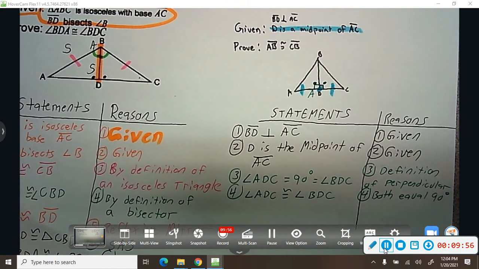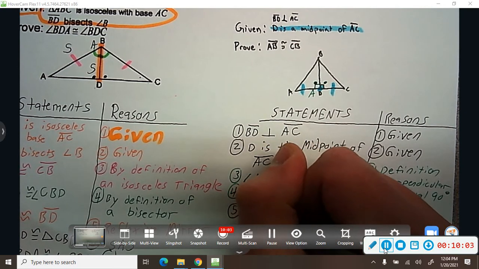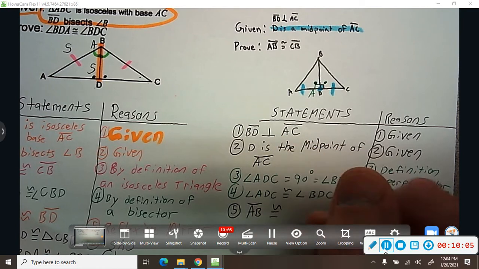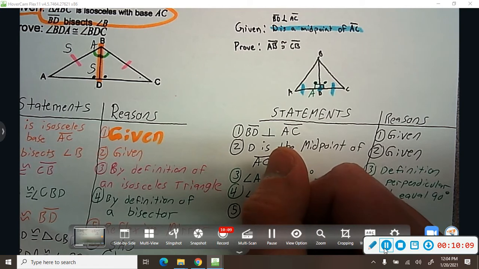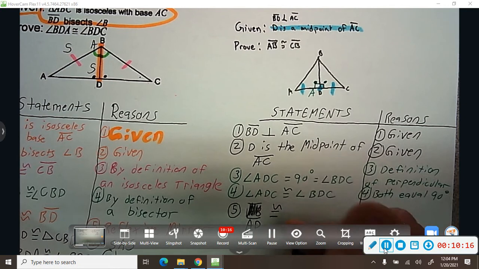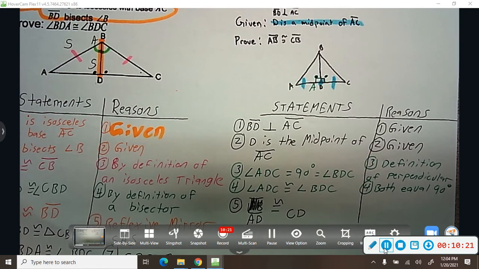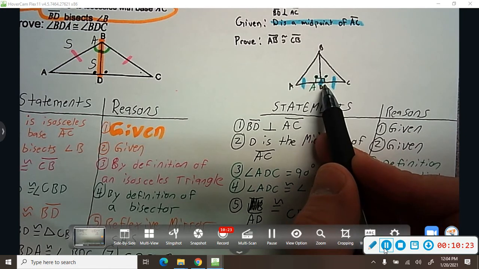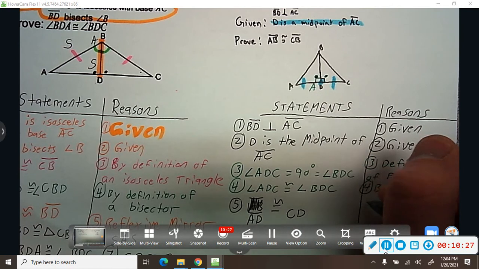So that means that AD, actually, I'm sorry, I should say AD is congruent to CD. How do I know that? Well, if D is in the middle, which is called the midpoint, then those have to be equal. So I might say definition of midpoint.